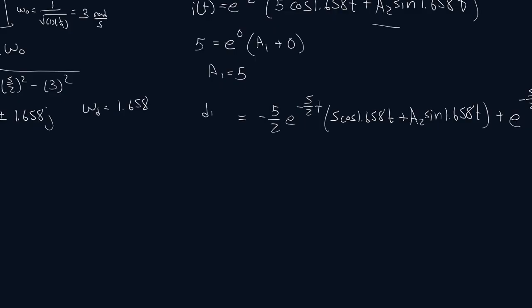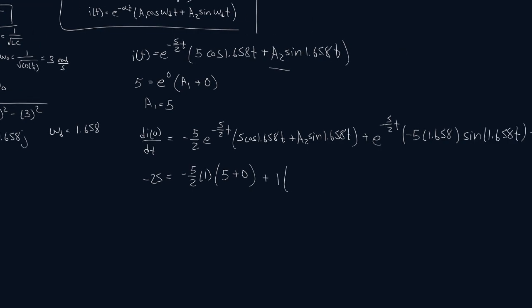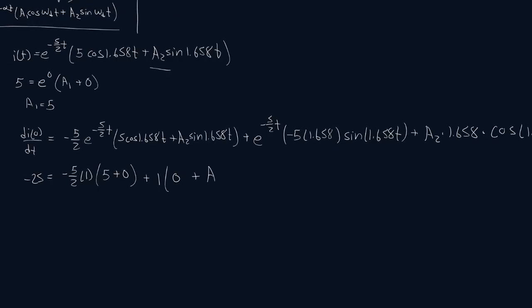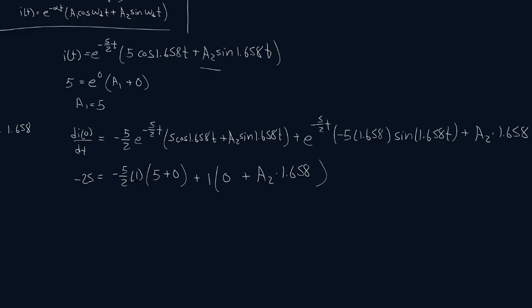So this is just minus 25 equals minus 5 over 2 times 1 times 5 plus 0 plus 1 times 0 plus A2 times 1.658.